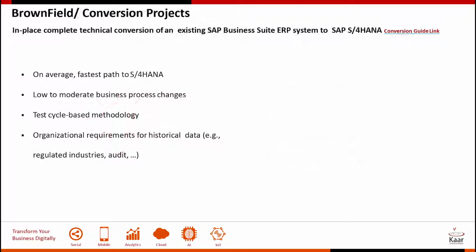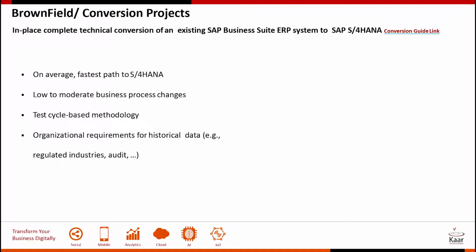And the brownfield, also referred to as the conversion, this is a faster path to S4 HANA for existing customers, where there's low to moderate business process changes. And a lot of testing is involved. About 2/3 of your efforts would go into the testing, and you're able to go from as is on ECC to S4, and then try to enhance the S4 process.